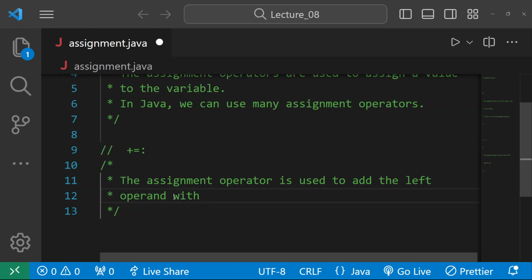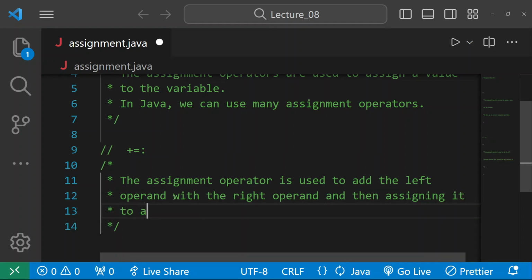So see, the assignment operator is to add the left operand with the right operand. A simple line I have written for you, not any big deal. Then after it, the equal to sign, in plus equal to, is assigning it to a variable on the left.